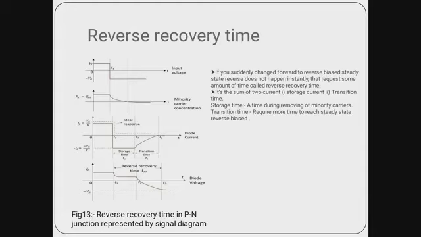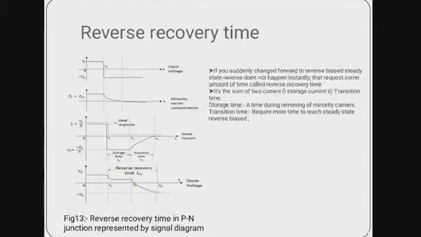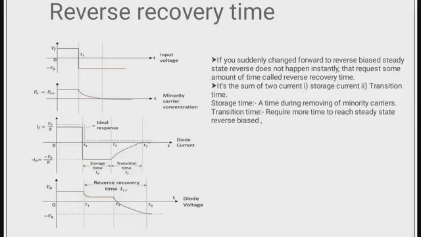It is nothing but a time if you suddenly change the voltage from forward biased to reverse, you must get a situation what you have seen in steady state forward biased and steady state reverse biased, which does not happen instantly or very quickly, and that requires some amount of time, and that time required to change from forward biased to reverse biased is called reverse recovery time.